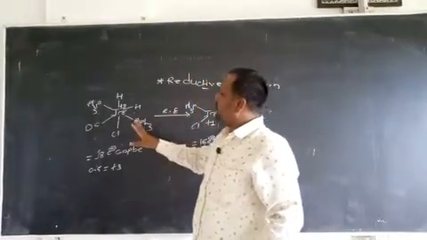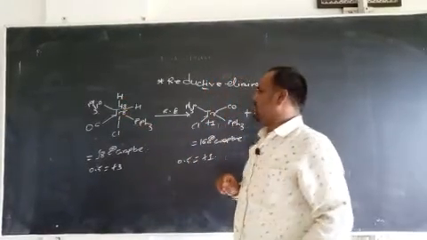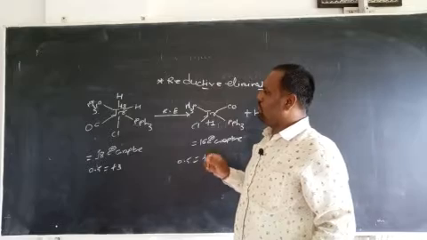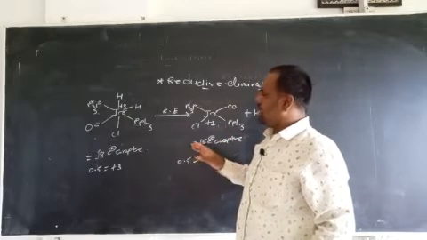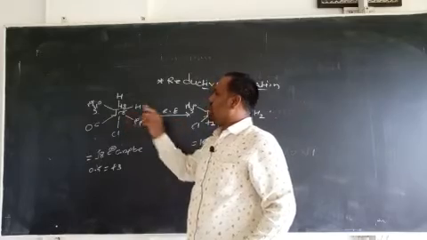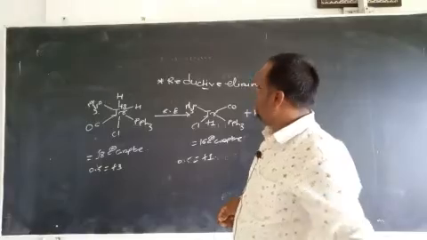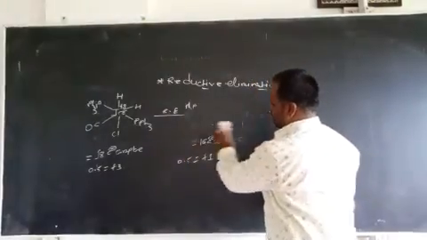Means the ligands which are cis to each other show a reductive elimination reaction. So this is an important point in reductive elimination, that only the ligands which are adjacent to each other show it. Let us see another example of this reductive elimination reaction.